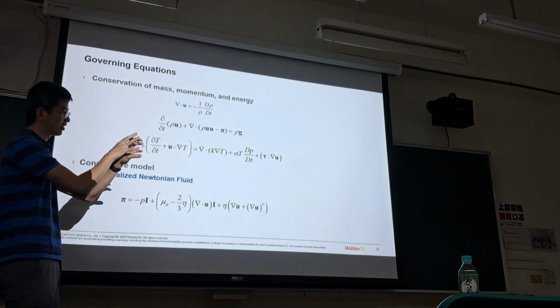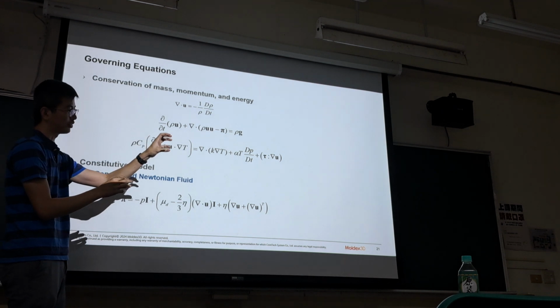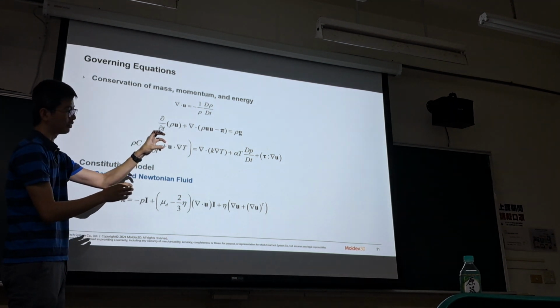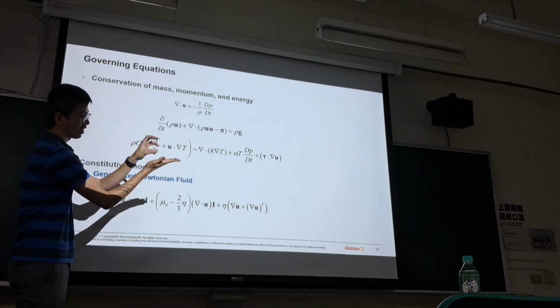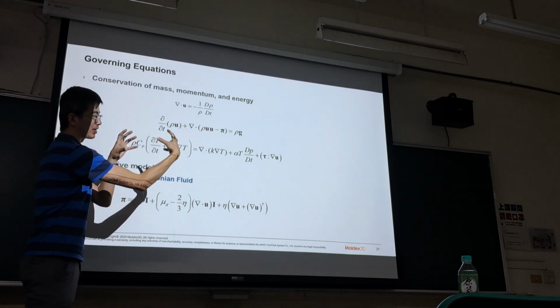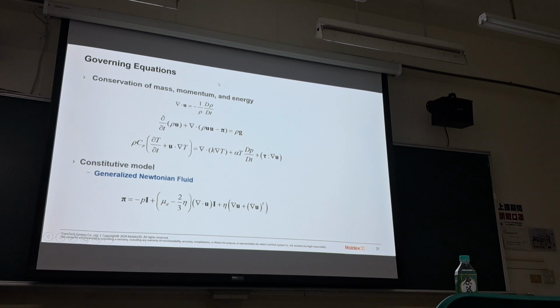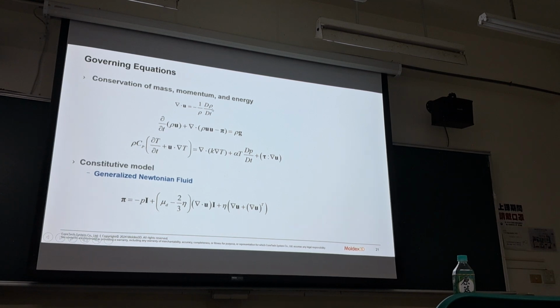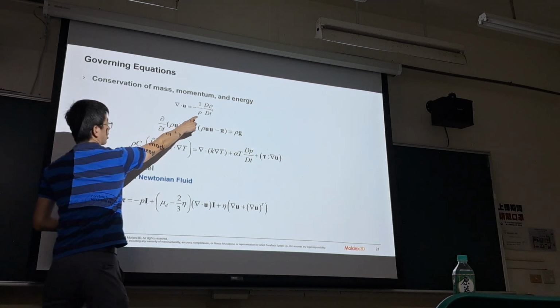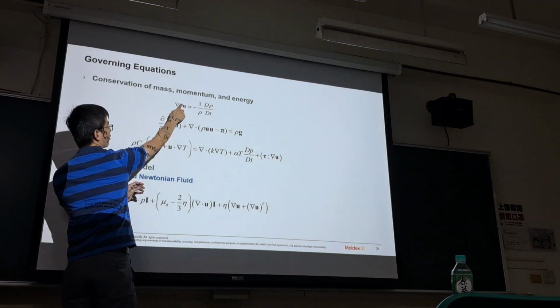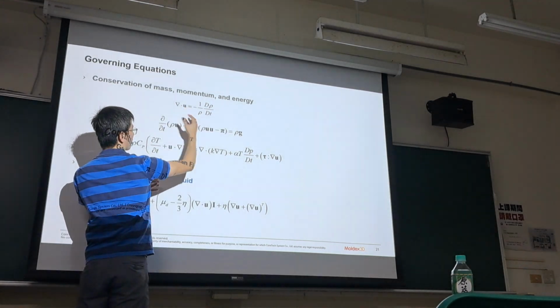If you move this object forward and it doesn't move, somehow it has some friction to compensate. So we always do the conservation. The first one is conservation of mass, the density change and the volume change, the balance between them.